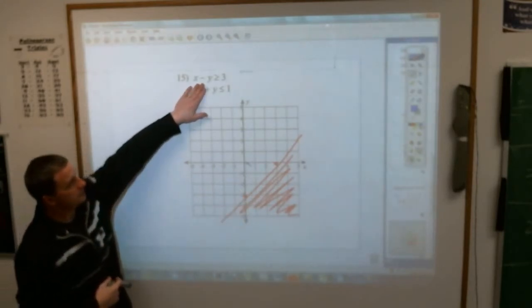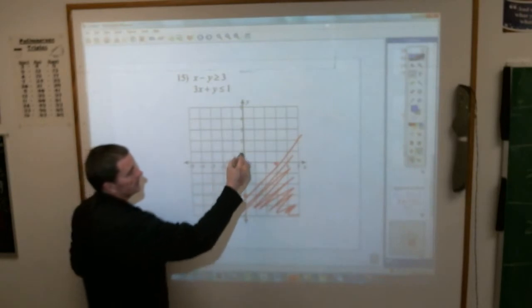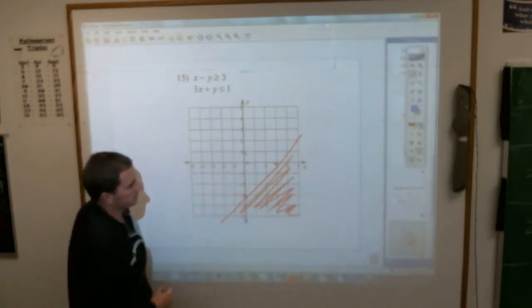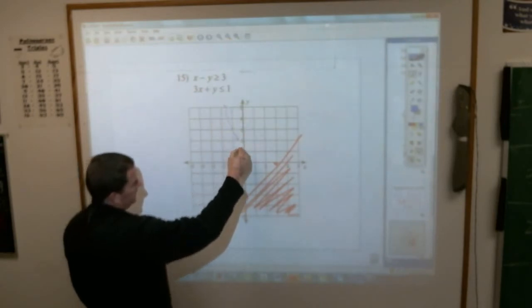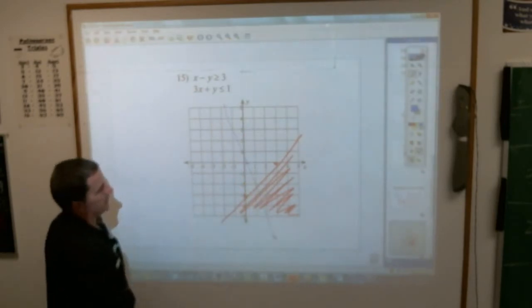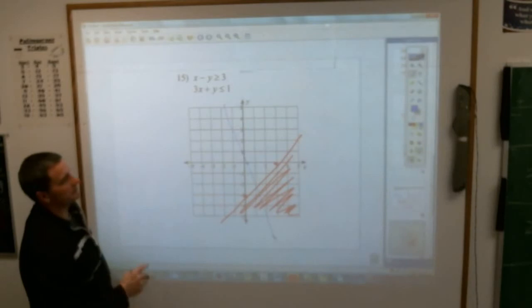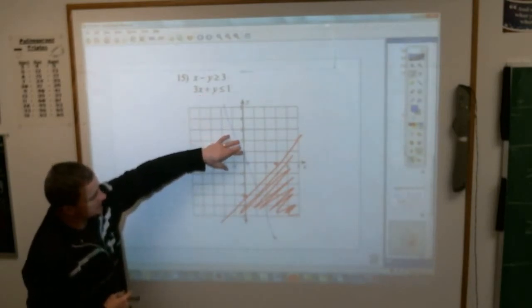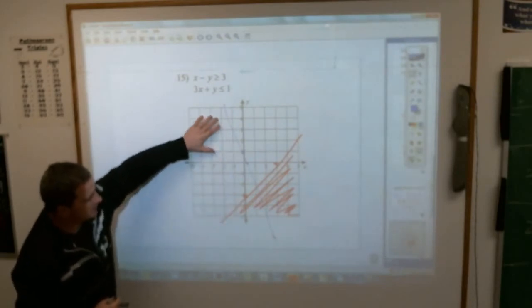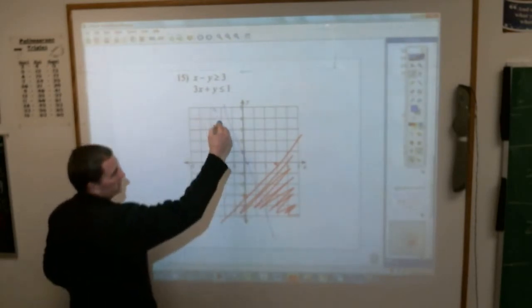Y equals 1. So you end up with this thing, which yours should be, and it's equal. We'll call that good. And y is less than, which means here where it crosses the y-axis, you're shading the bottom, the less than part, so it's going to look like this.